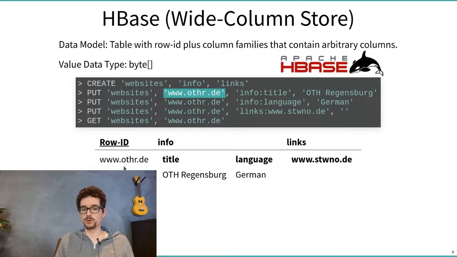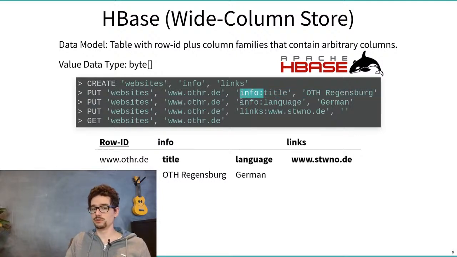So this here is the row ID, and then you specify a set of columns together with their values. And we see here that each column has the prefix of the column family in which it is.